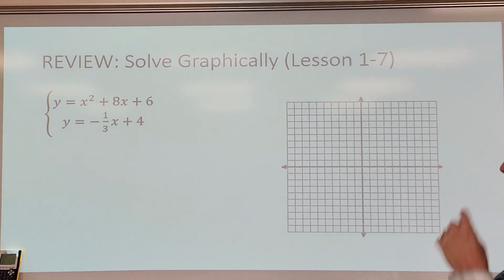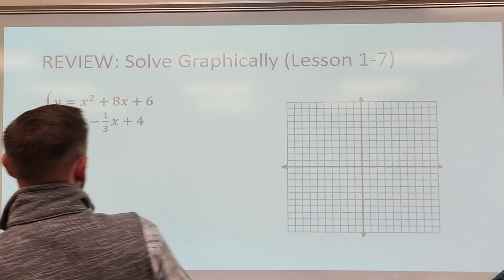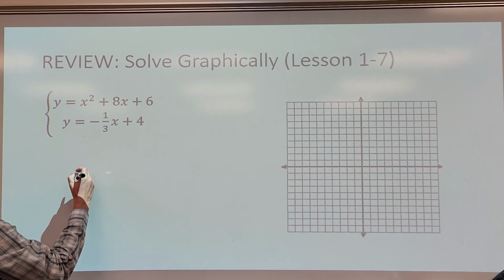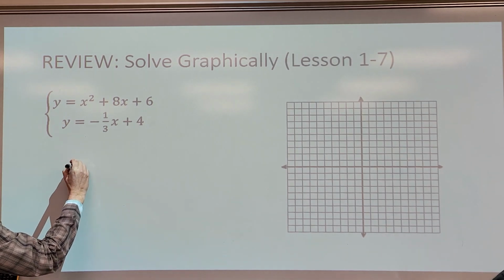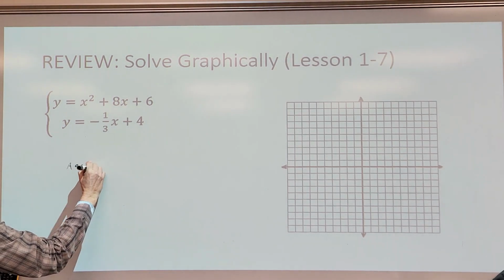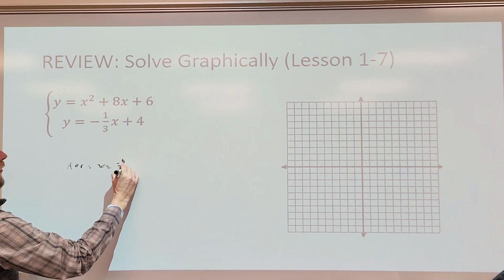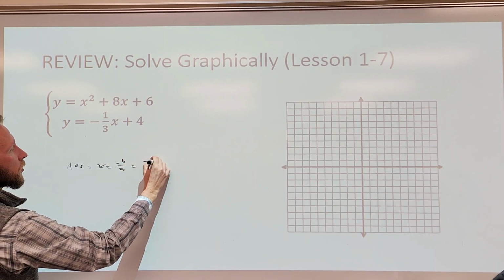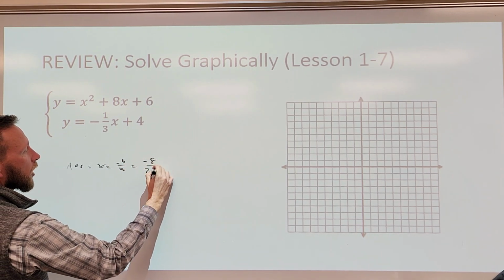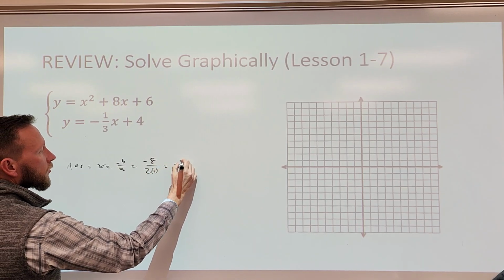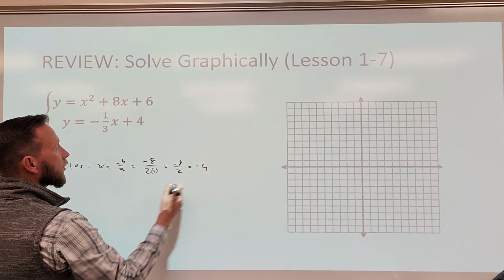So we have y equals x squared plus 8x plus 6. Graphing that parabola, we're going to find the axis of symmetry is x equals the opposite of b over 2a, which is negative 8 over 2 times 1. That gives us negative 8 over 2, or negative 4.